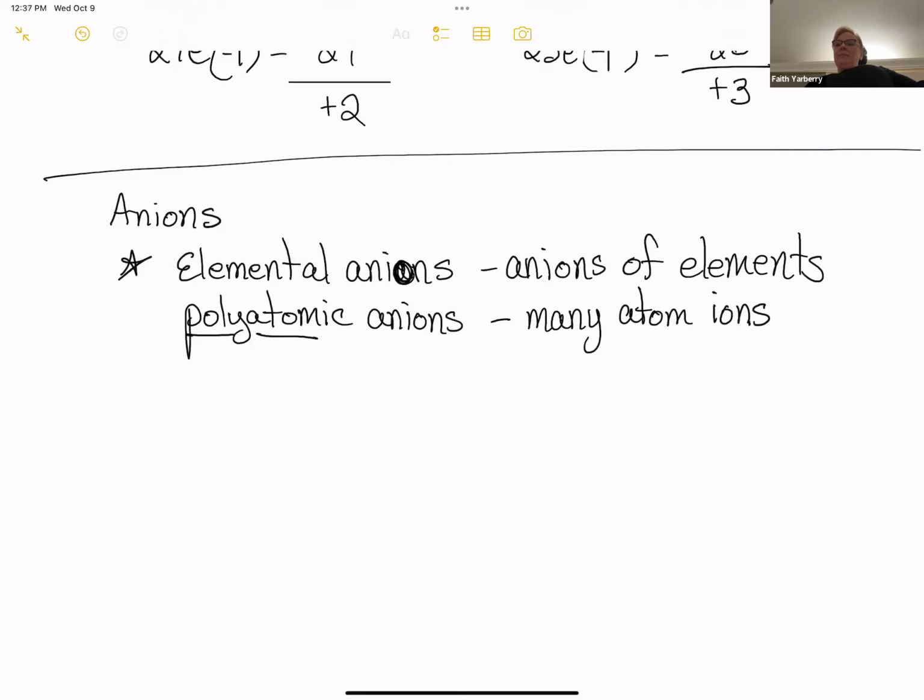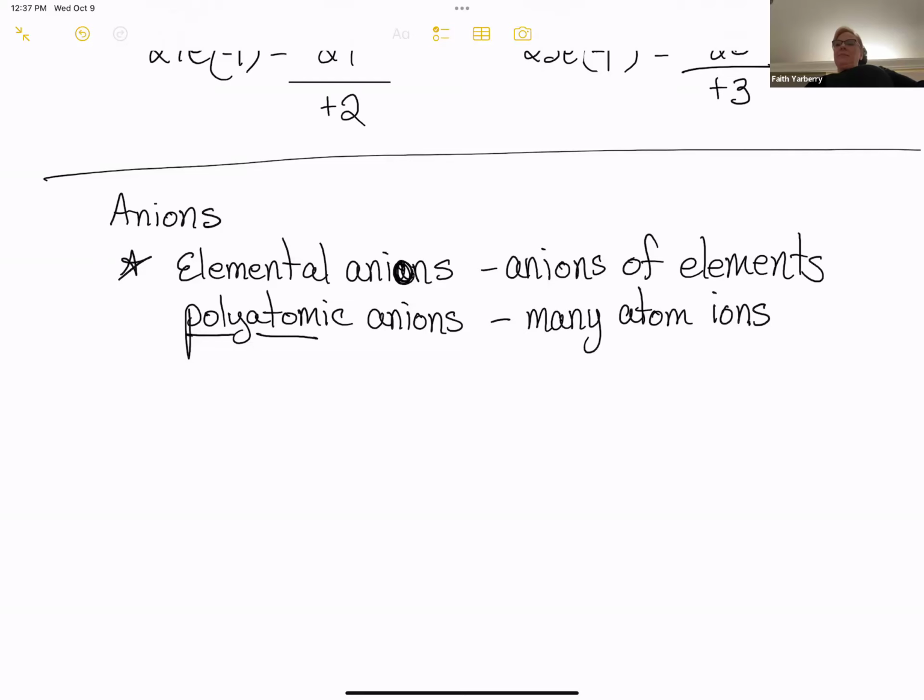What do you notice about all of the anions in group 15? They're a negative charge, but more specifically, they're a -3 charge. What do you notice about all of the anions in group 16?